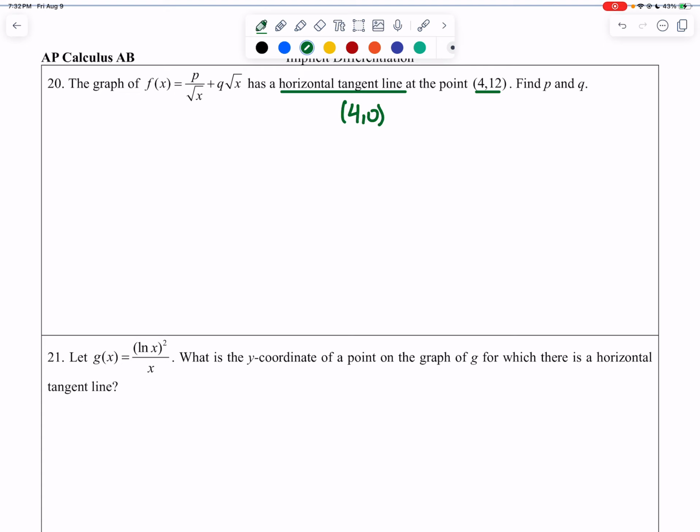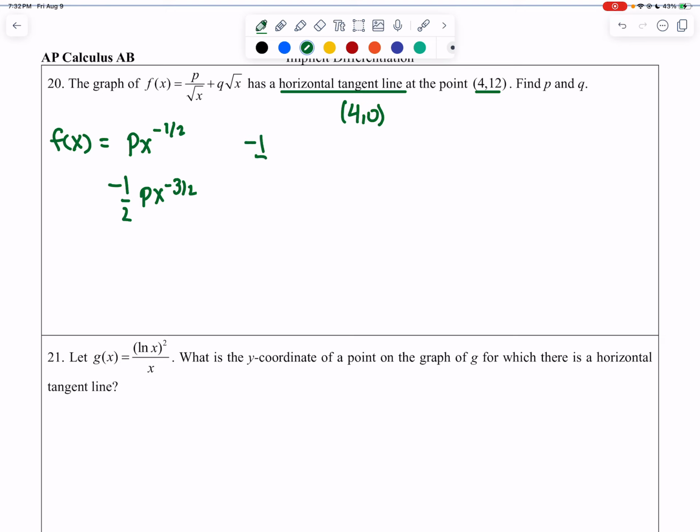So if I think about how to find the derivative of f of x, I'm going to move the x to the top and then take the derivative. It's going to be negative 1/2 p x to the negative 3/2.